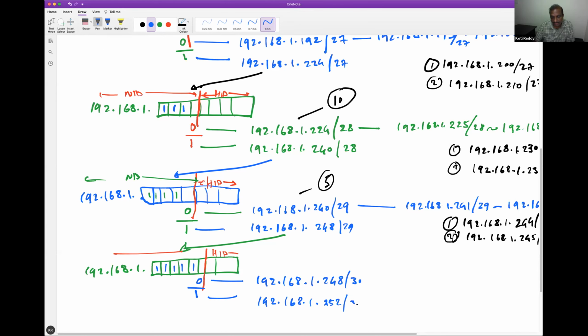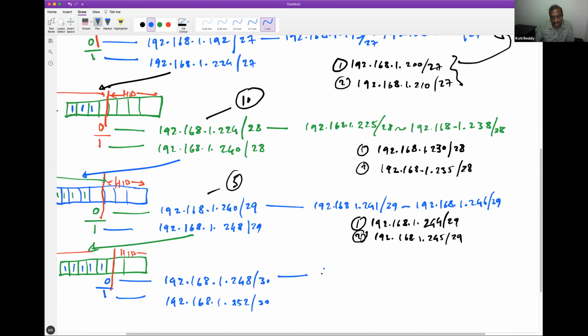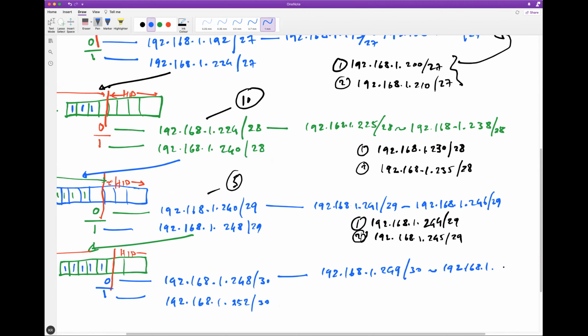Slash 30. In this, what is the first host I get? 192.168.1.249/30. What's the last one? 250. 192.168.1.250/30, right? 251 is a broadcast, 252 is the next network ID.